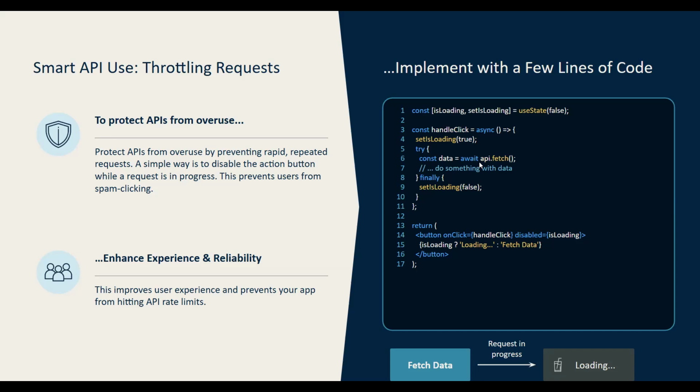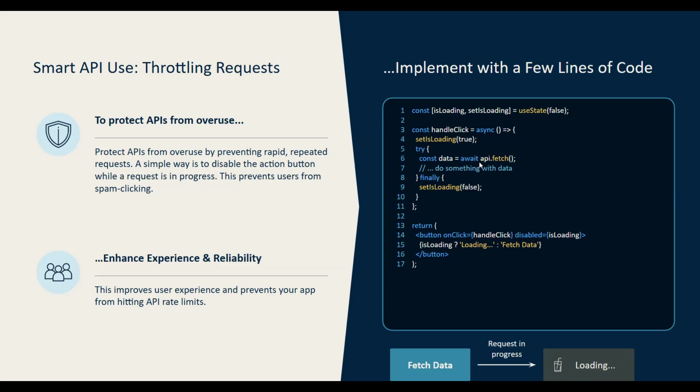So this helps us improve the user experience, and it also protects your app from hitting API limits, because as you work with APIs, you will understand that each API has its own rate limits.